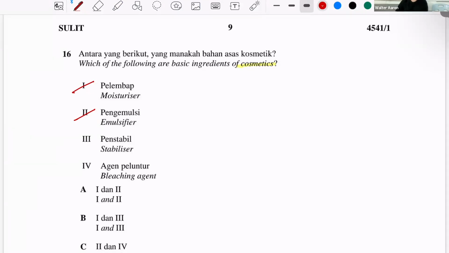An emulsifier is a substance that helps to emulsify the ingredients so they can mix well together, while stabilizer and bleaching agent are not necessary. So the best answer here will be 1 and 2, A.